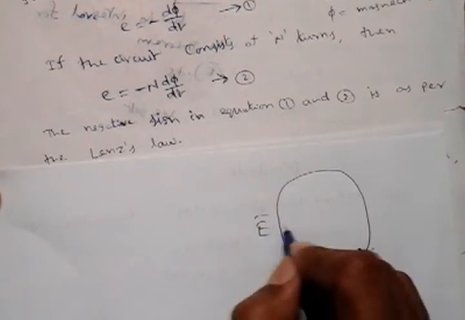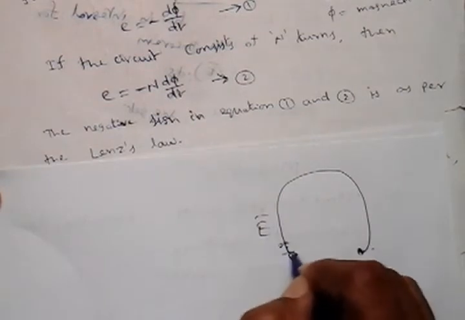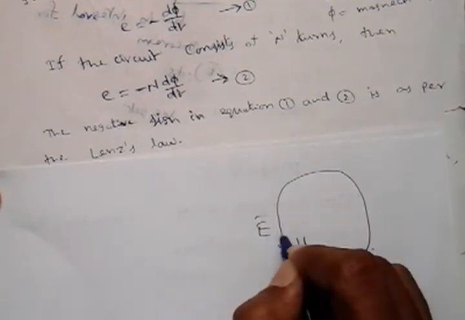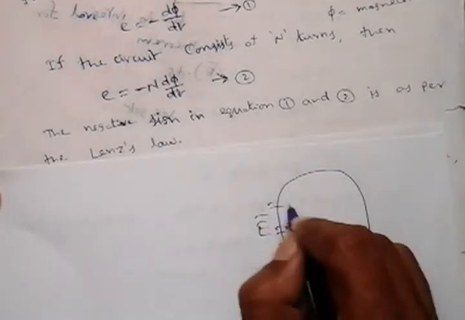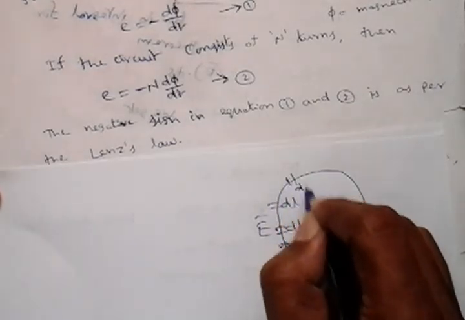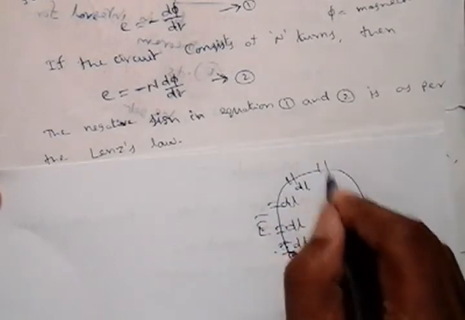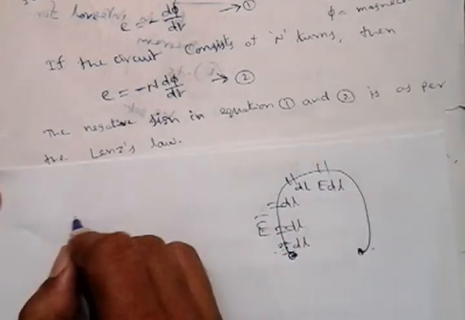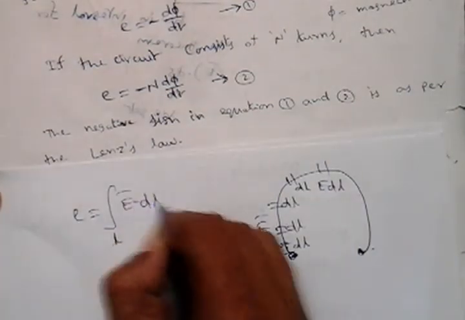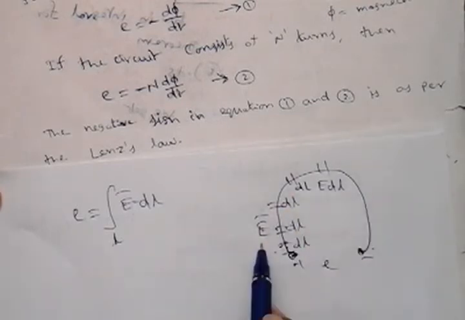Then if you divide this conducting material into small lengths dl, and add all the products of E dl over the entire length, this is called the EMF induced in the circuit. E is equal to line integral of E bar dot dl. This is the EMF induced in the conductor due to the electric field.